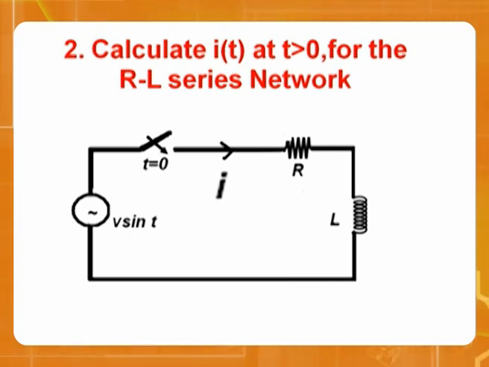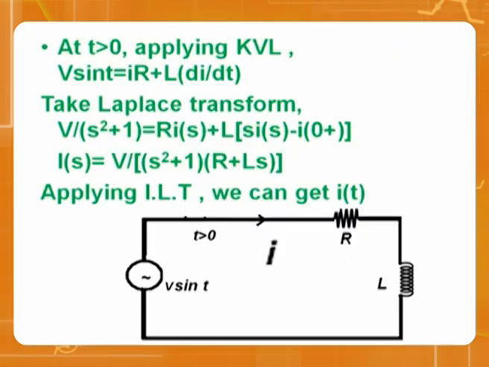The idea is to calculate i(t) for t greater than 0 for the RL series network. The idea is to use the previous initial conditions. So whatever initial conditions you got earlier, you can use now. But now the idea is to calculate i(t). Now look at the circuit.